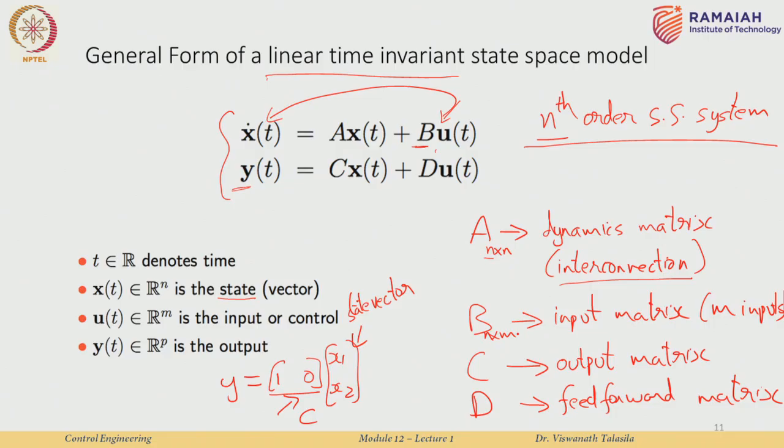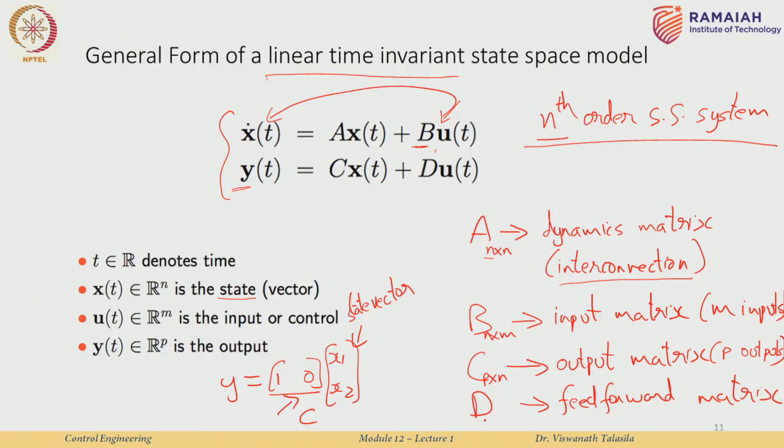Let us look at the output matrix C. Let us say we are measuring p states, in which case C will be a p cross n matrix. Now, in general we could measure all the states if we have access to all the states, in which case p will be equal to n. So, we have an n cross n output matrix.